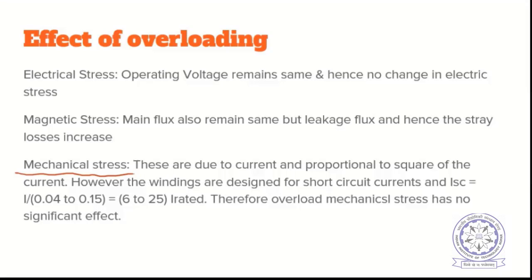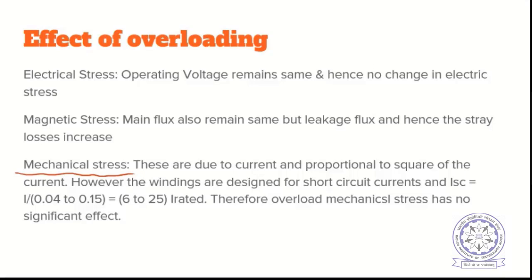If it is proportional to I square, then if overloading happens, you can expect a very high increase in the mechanical stress. But the transformer is actually designed for short circuit currents.